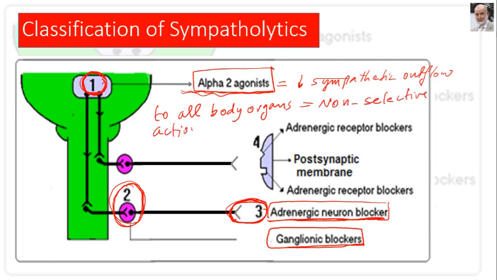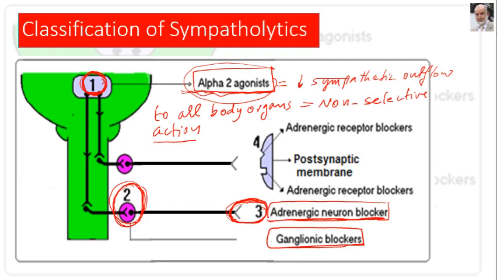Because they will act on all body organs. They will inhibit sympathetic tone to all body organs. In this case, they will have widespread action. They will have action on every organ in the body, as you will see later. Therefore, group 1, which is centrally acting, group 2, which blocks the ganglia, and group 3, adrenergic neuron blockers, block the sympathetic activity to all body organs. Therefore, they are non-selective in their action.